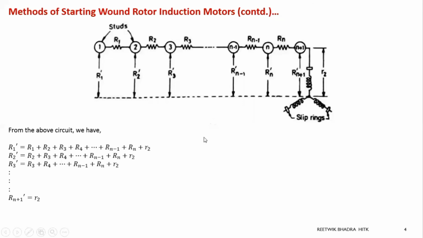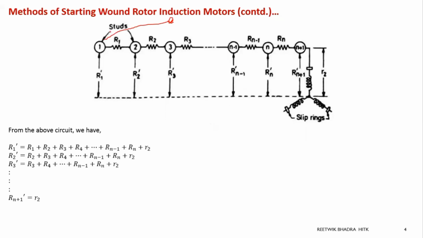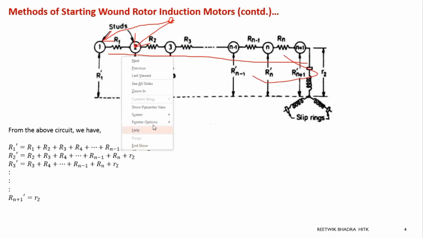Suppose there is a switch like this. First it is connected to this stud. That means this whole resistance is there. Then this switch is connected to this stud. Yes, connected, connection.